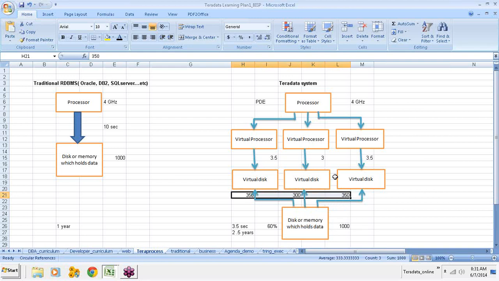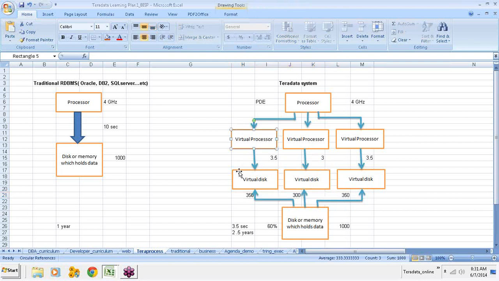How would the records be processed? Each virtual processor has a communication channel to its own associated virtual disk. What does a dedicated association mean?